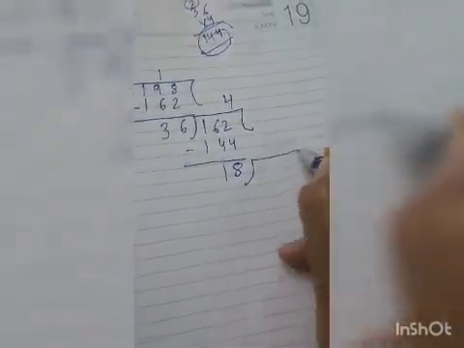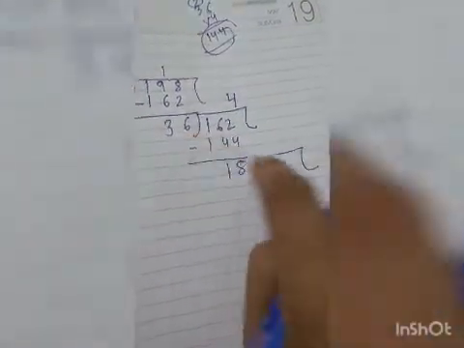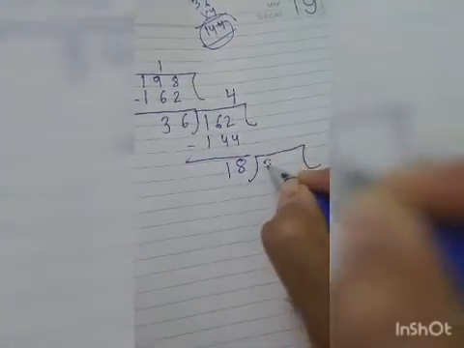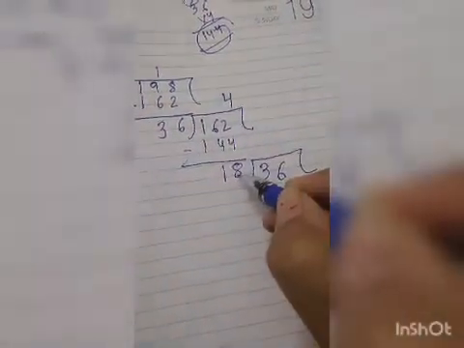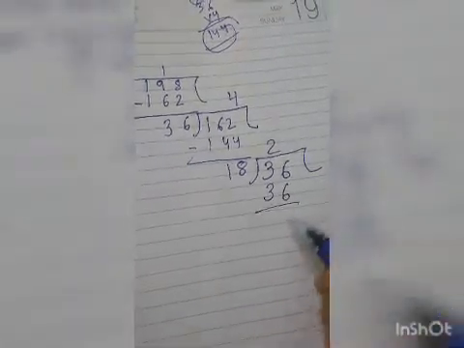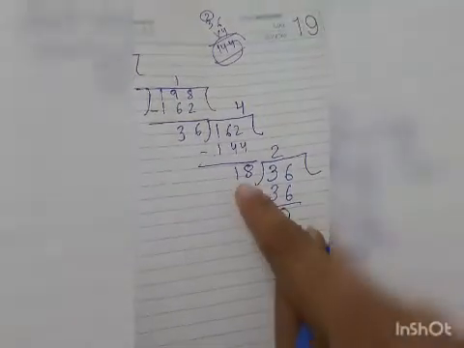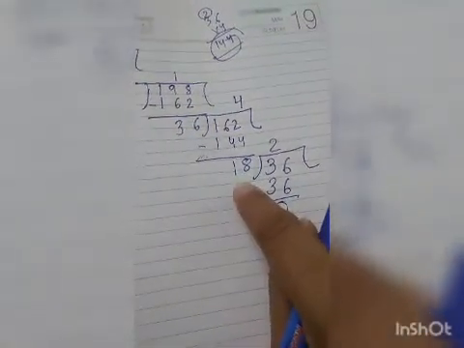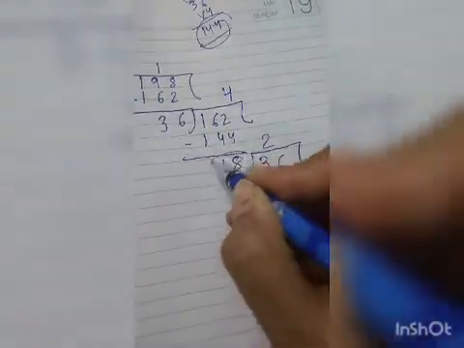Now here we have 18 as remainder. The last remainder we have to keep here as dividend, so I will keep here 36. So 18 twos are 36, remainder 0.